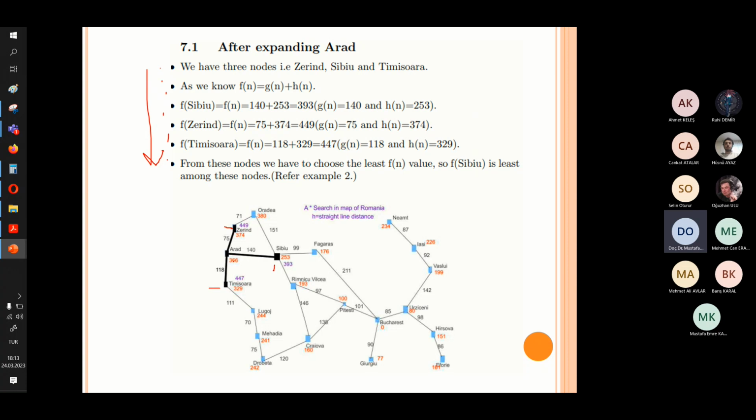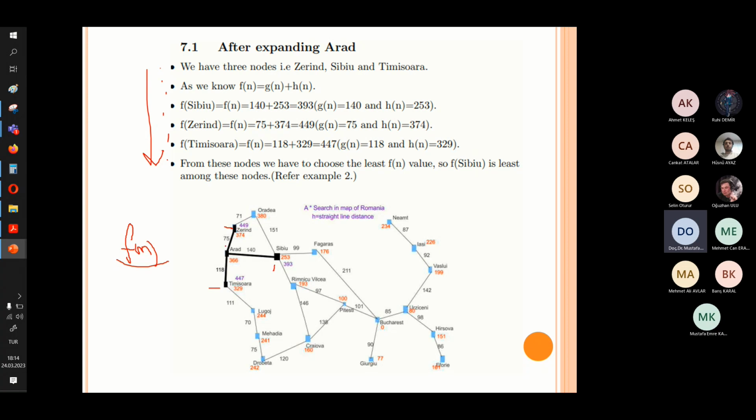So what will be the Fn value, the cost? What will be the Fn value for Zerind if the person starting from Arad goes to Bucharest by passing through Zerind?